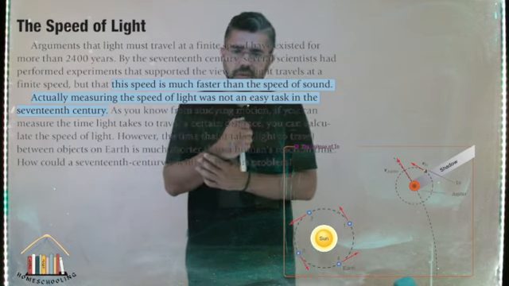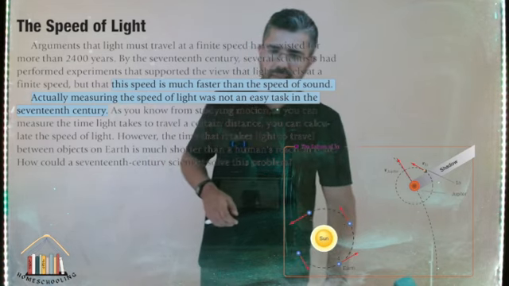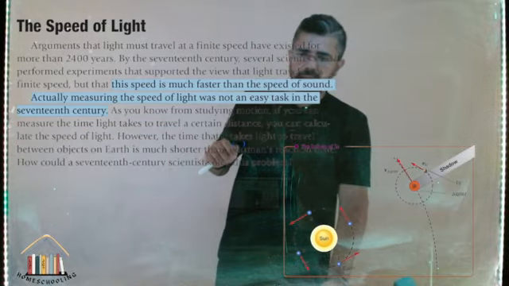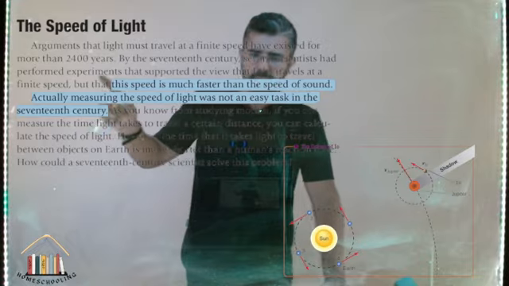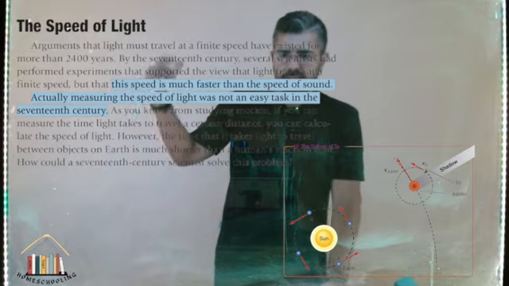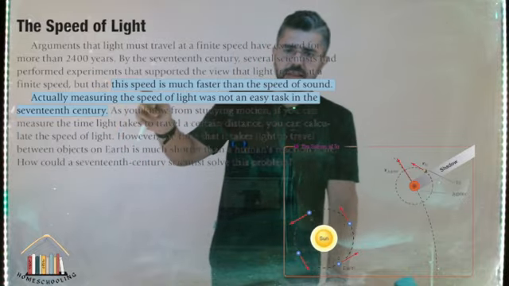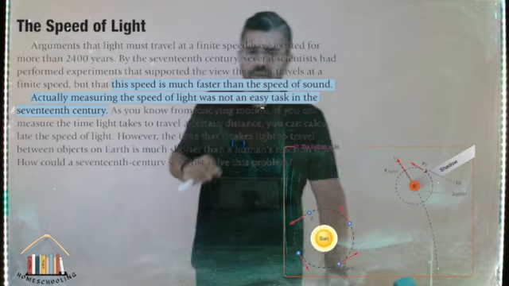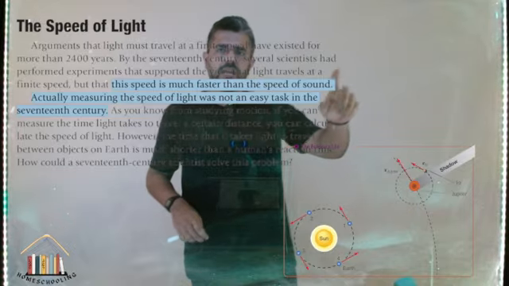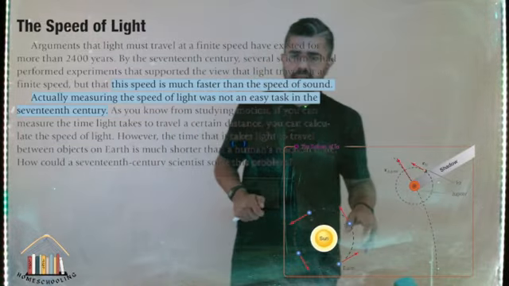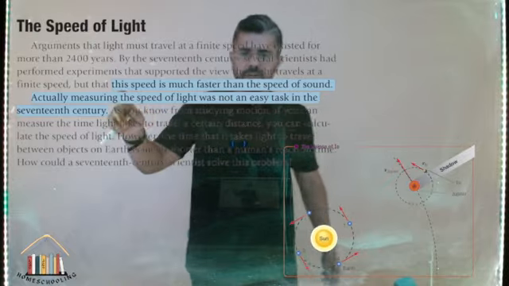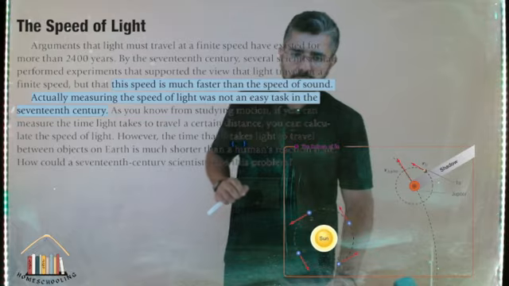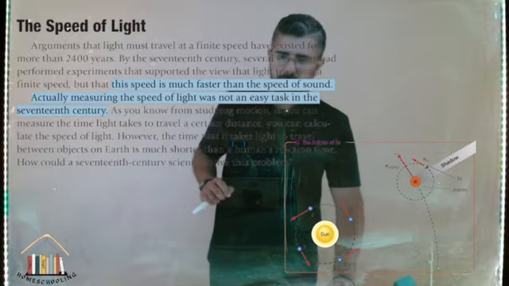It was a mystery all the way down through the centuries. But what do we know at least? What was known is that the speed of light is much faster than the speed of sound. The speed of sound is 340 meters per second, whereas for the speed of light, we'll see how much greater it is.